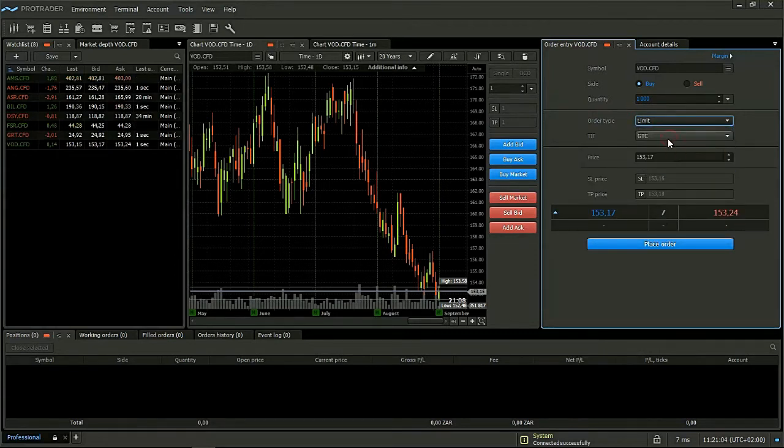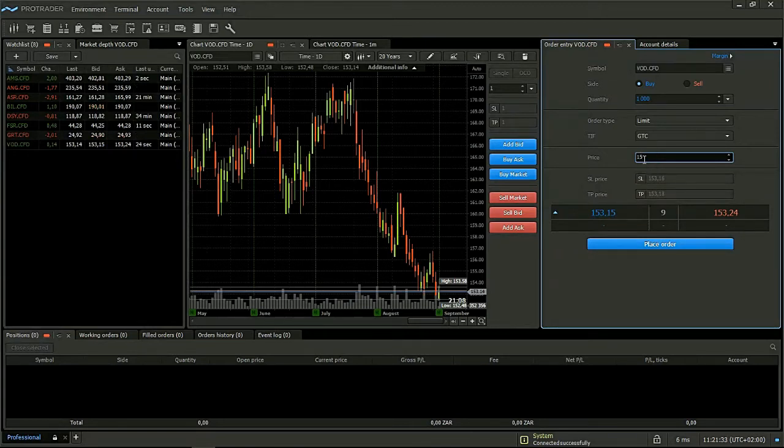If I select limit, we now see an extra box that appeared here where I can add my limit price. If I select limit, I can choose at which price I want to buy the shares. So if they are currently trading at 153 Rand, I decide I don't want to pay current market price of 153 Rand.